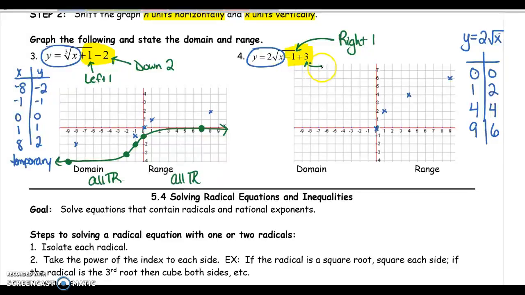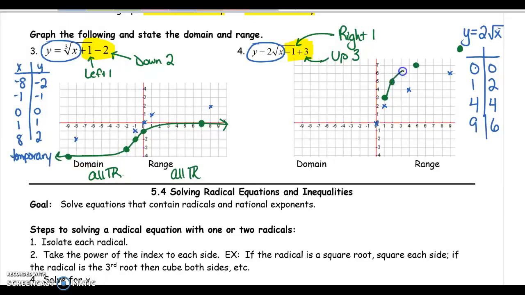Up or down is normal, so that's going to move the graph up 3. So move each point right 1 and up 3. And remember that point on the left, your graph does not extend beyond that point on the left.